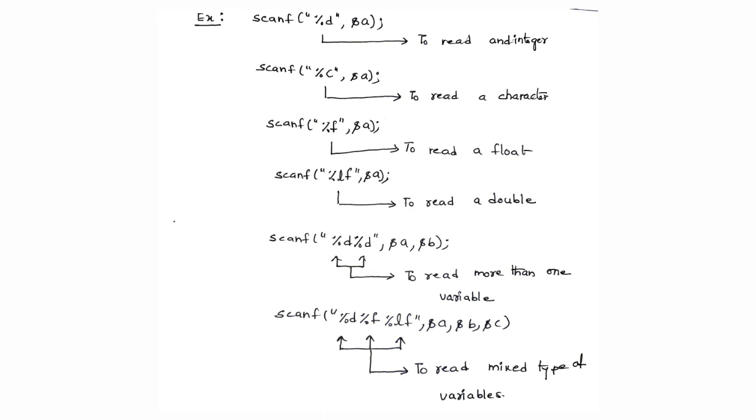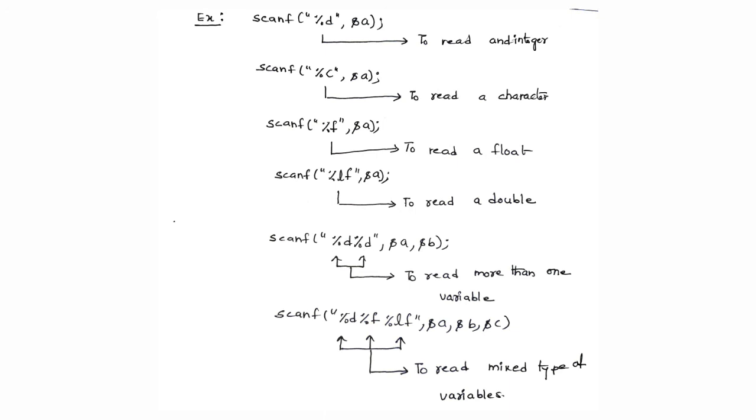And in the next one, I have read mixed types of data, that is %d, %f and %lf. Three data types: integer, float and double type variables. That's why I have written these mixed types.